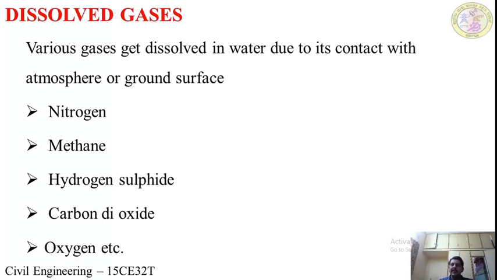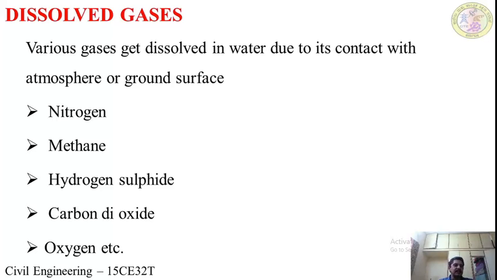Methane may be studied for its explosive characteristics. Hydrogen sulfide, even if it is found in small quantity, gives a very bad smell and also a very bad taste to the water. Carbon dioxide gives smell and taste to the water, and it causes corrosive properties.